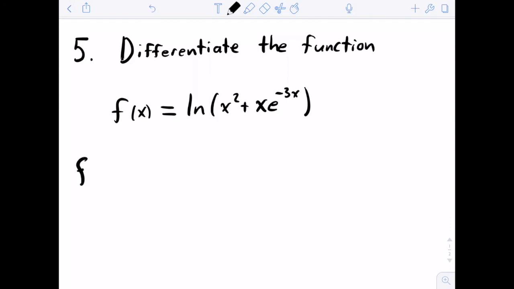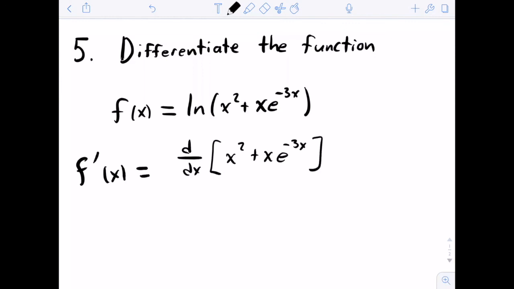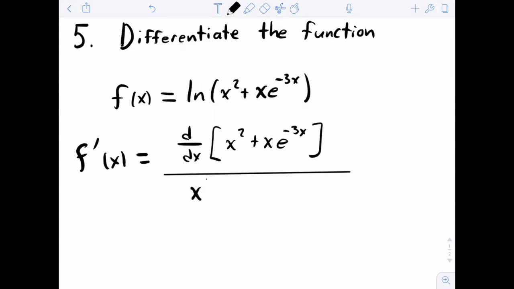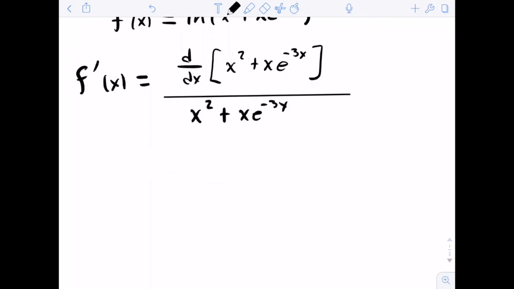So the derivative here is given by the derivative of the inside, which is x squared plus x times e to the negative 3x, and then we divide that whole thing by just the inside. Really the only thing we have to do is take the derivative of the top.